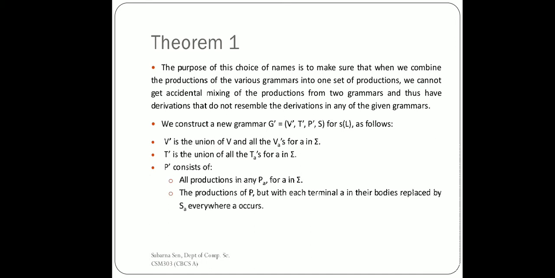So wherever we find a, which is a part of sigma, the input symbols or terminals, whatever you say, we are going to replace it with S(a). So in the productions P_a it is fine, but in the productions P we will replace a with S(a) because we are using the substitution form, fine.